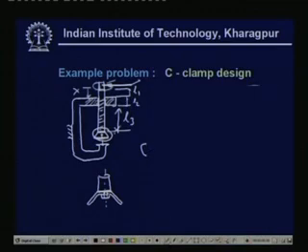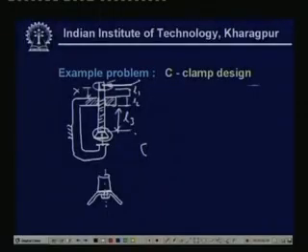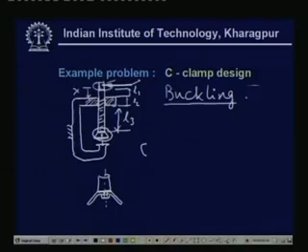Although it does not belong to the theory of failure, there is one instability problem for which the material may fail, and that is known as buckling. Buckling is one of the important criteria which has to be considered here, because this part is subjected to compressive stress.